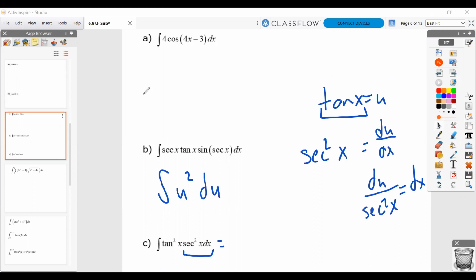It's just du. This will then give us 1/3 u cubed plus c. And now all we have to do is say, what's going on with u? U is really tangent. So this becomes 1/3 the tangent cubed of x plus c.